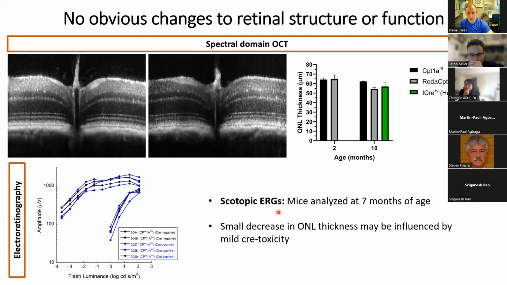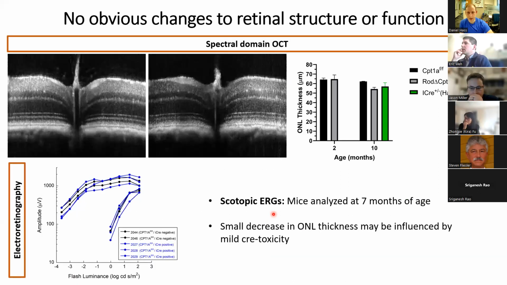So overall, I think the data strongly suggest that you can take CPT1A out of rods and remove most of the ability of the retina to oxidize long chain fatty acids. And it doesn't really have a functional consequence on the ERGs, and it doesn't really have a functional consequence on the outer nuclear layer thickness.